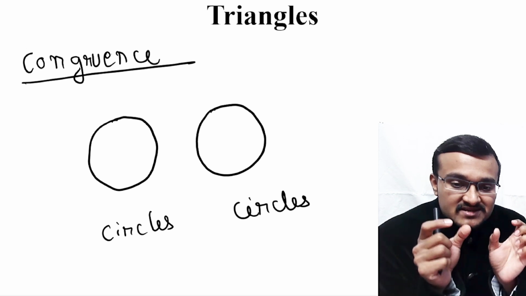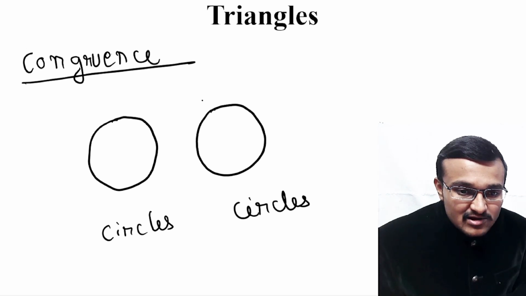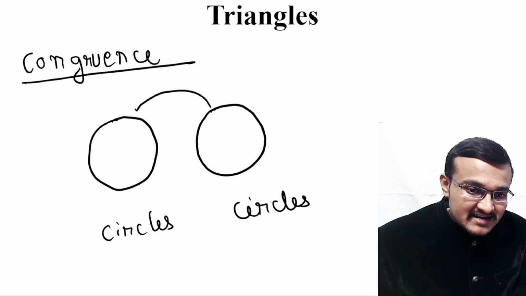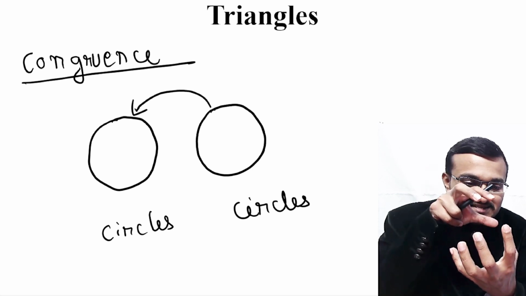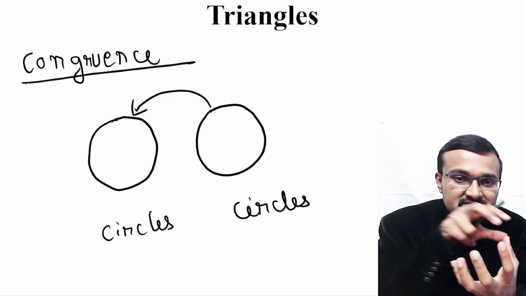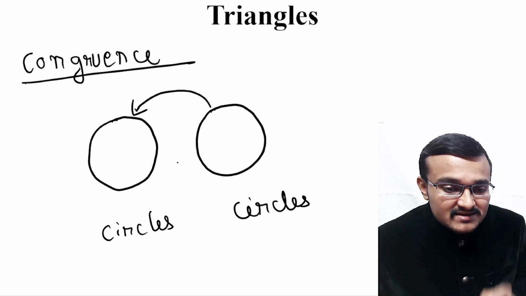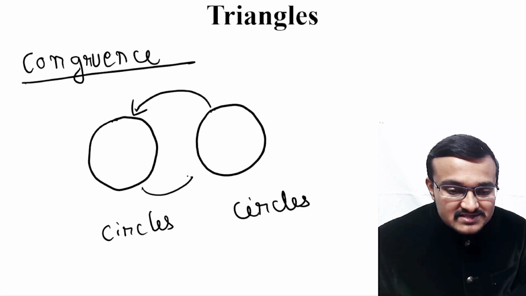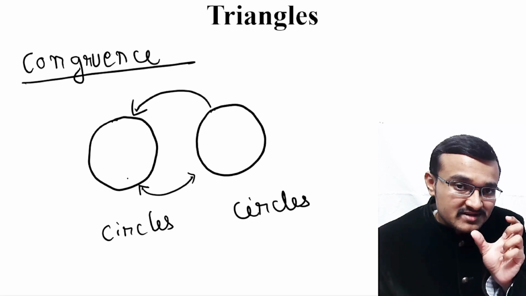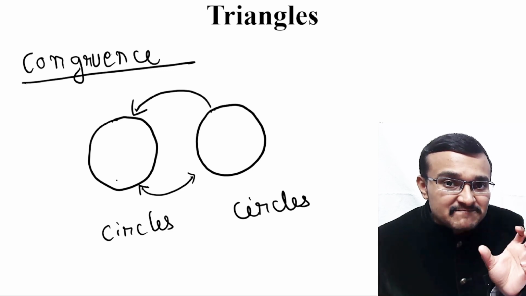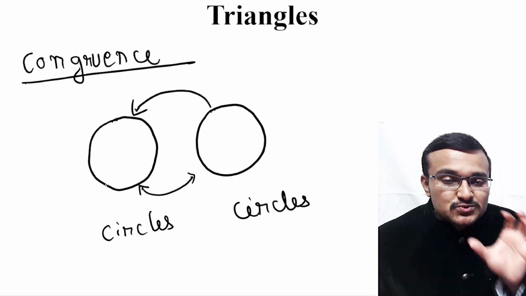Because of that, when you keep one bangle on another bangle, you can clearly see the second bangle will exactly coincide with the first bangle. Then these two circles are congruent circles. That means these two circles have the same size and shape, and that's why they are overlapping each other.